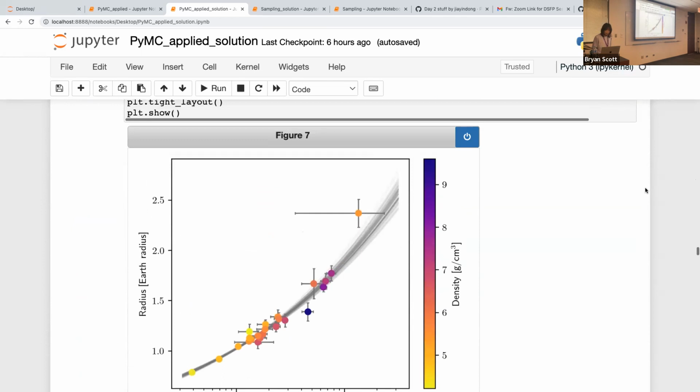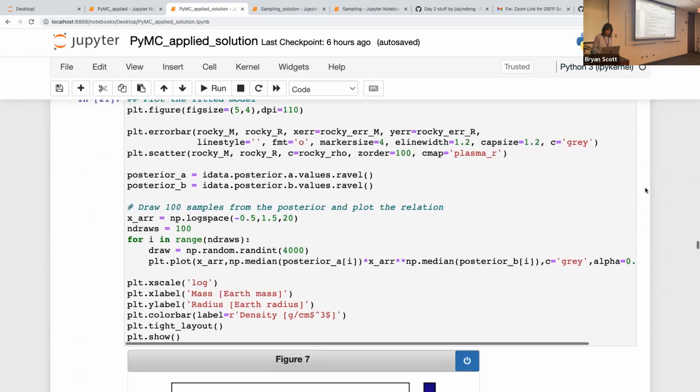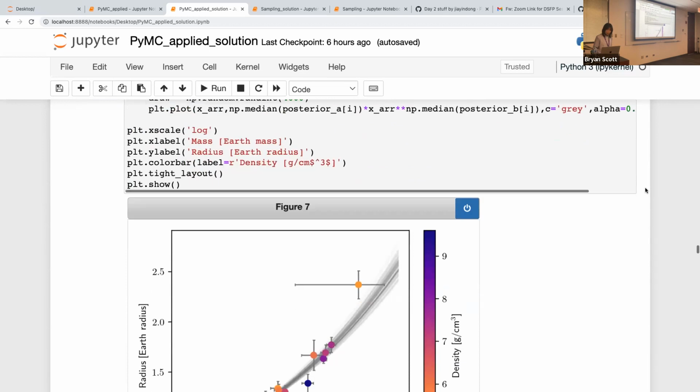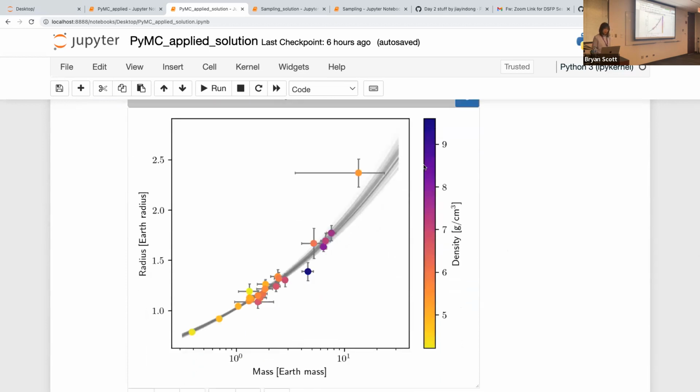And okay, so how do we describe the posteriors? What I prefer to do is just make draws. We have A and B posteriors. We calculate the expected mass radius relation for each A and B pair from the posterior, and we plot those lines in gray.